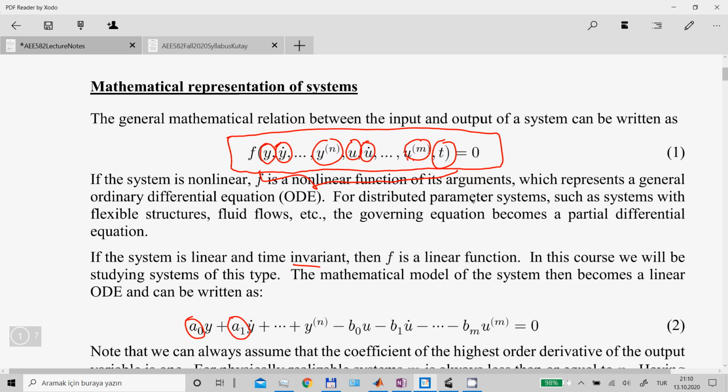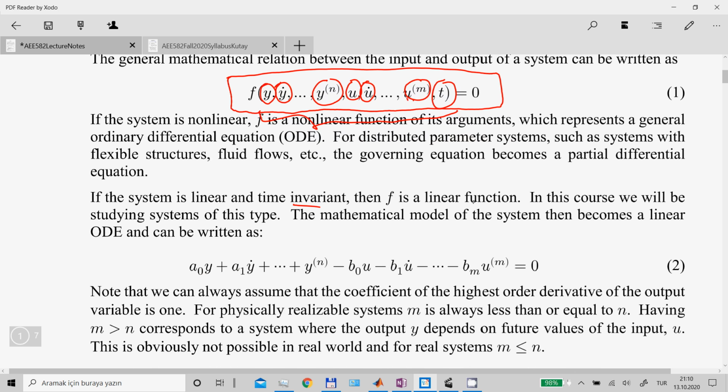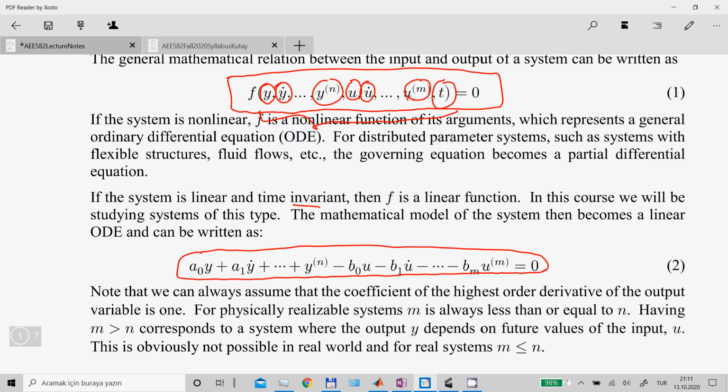And in that case, the most general form for this equation will be in this form. That equation will be all of these terms combined together with some constant coefficients, and these are the type of systems we will study in this course.